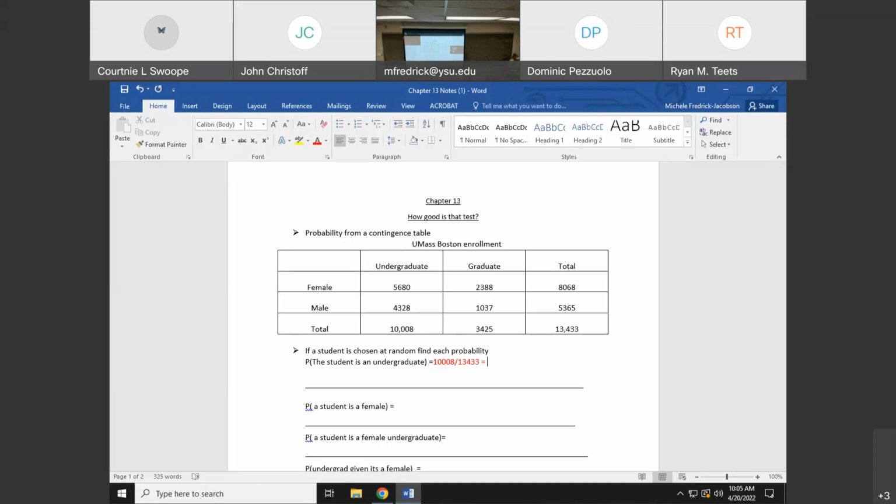You can use decimal, percent, or fraction, unless it specifies. You're getting almost 75%. If we use the decimal, or multiply that by 100, we get the percent. Any questions on it?